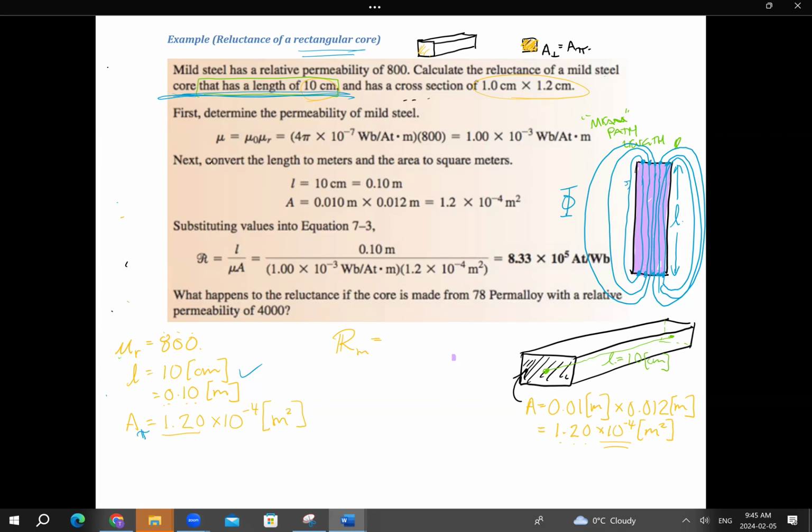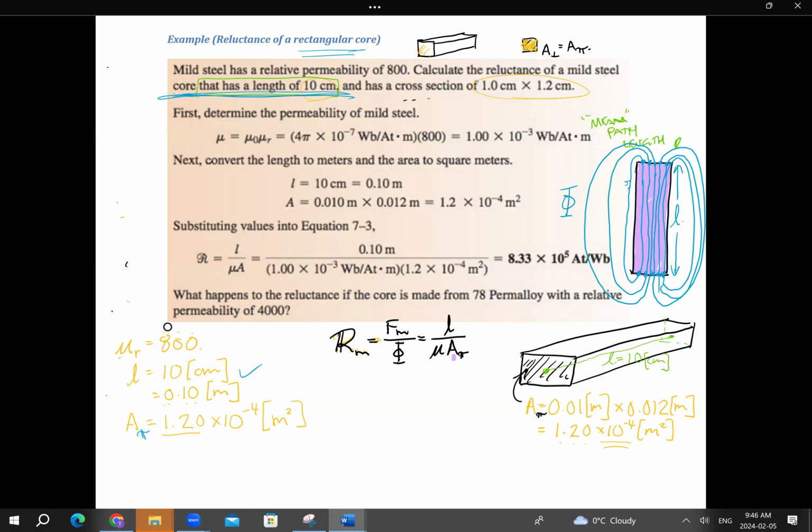So what we have to look for in the question is RM. And from here, we have to say, okay, do I have a formula for that? The one that I always remember off the top of my head is the MMF, the magnetomotive force, over the thing that it is generating, which is the magnetic flux. But it is also equal to, which we have derived, mean path length over permeability times that cross-sectional area.